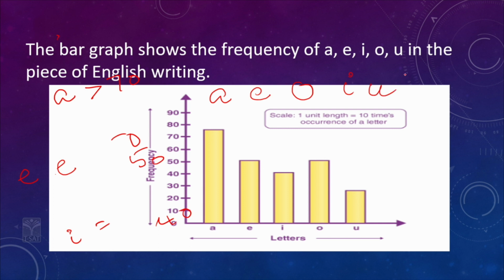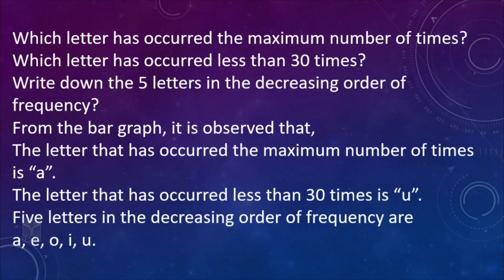So A, E, O, I, U is the order according to their frequency, in descending order. In the examination, they may ask this question. This is very, very important.